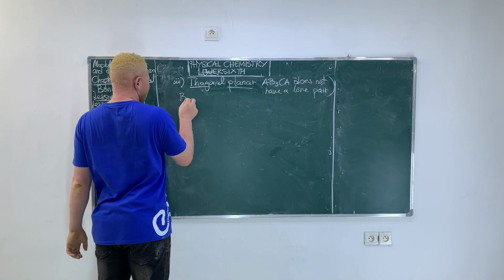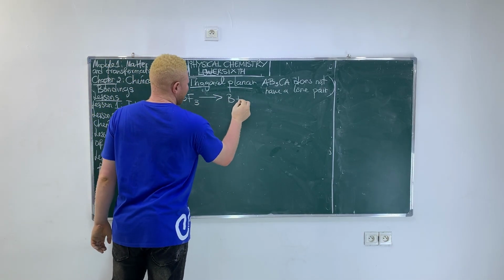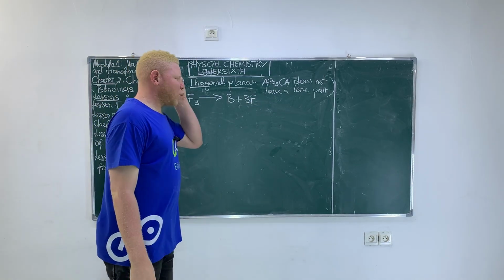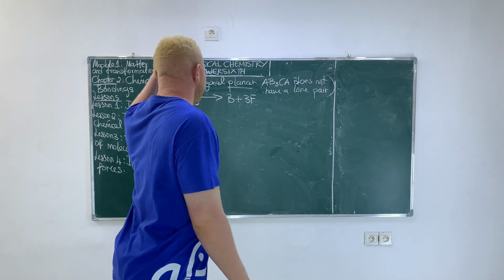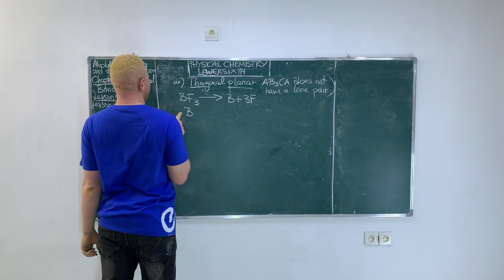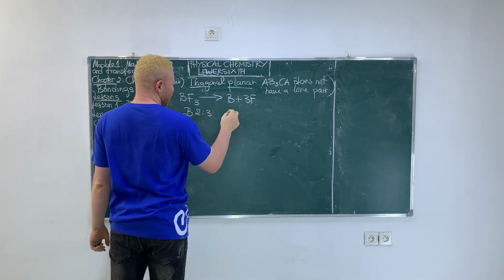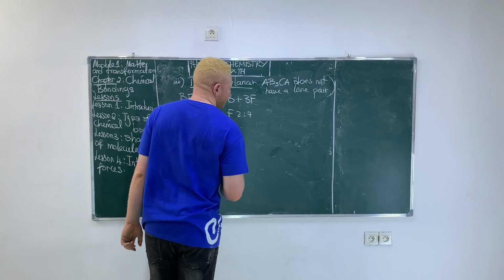So we have boron trifluoride, which gives boron plus 3 molecules of fluorine. The configuration for boron is 2:3, fluorine 2:7.